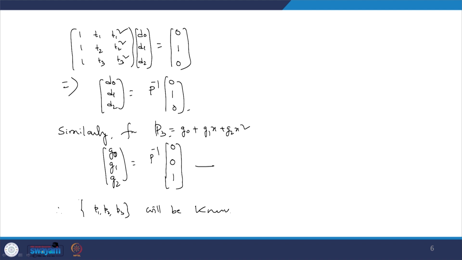And any polynomial function of degree less than or equal to 2, say that is P, we can write P equal to C1 P1 plus C2 P2 plus C3 P3, where C1 equal to, we know, P at T1 into P1 plus P at T2 into P2 plus P at T3 into P3 please.